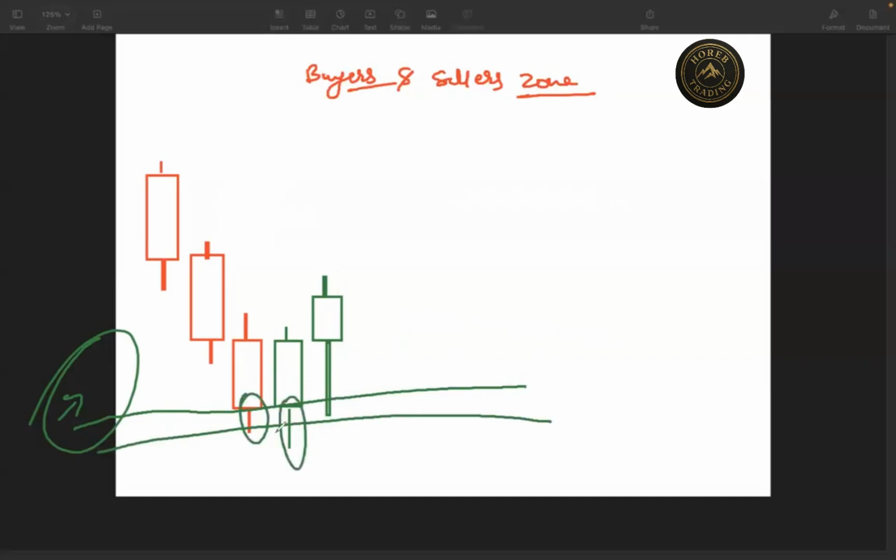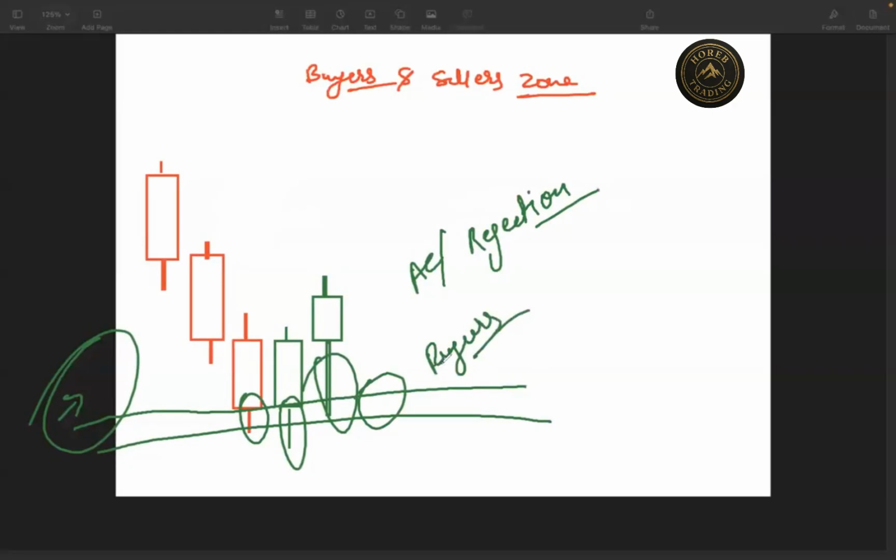So we can wait for this area to work when price comes back. We can trust that the price will respect this area when it comes back. This is how to trade the buyer zone or seller zone.